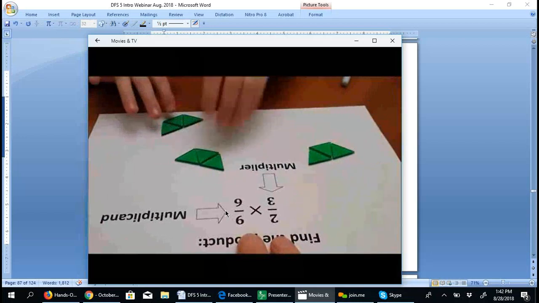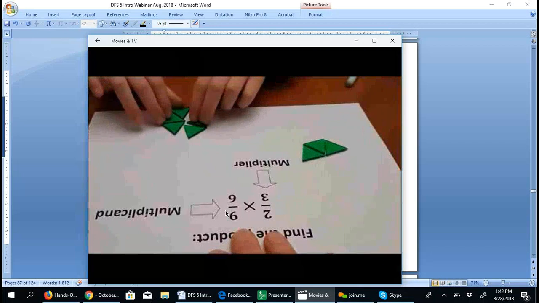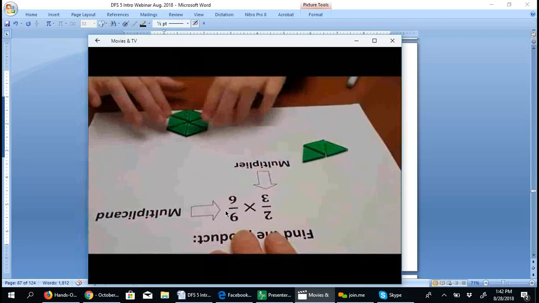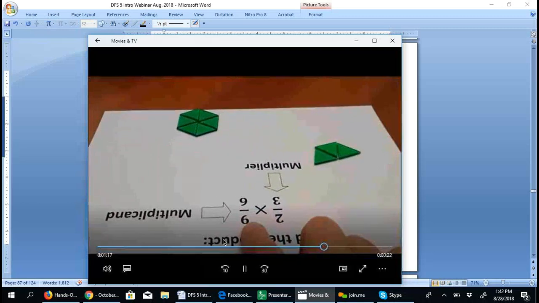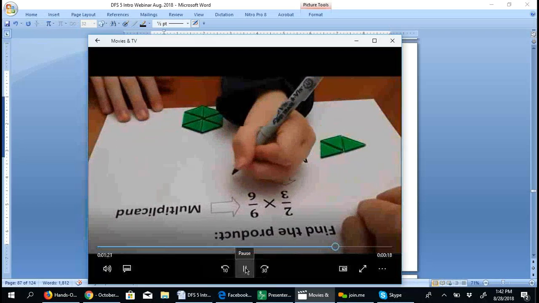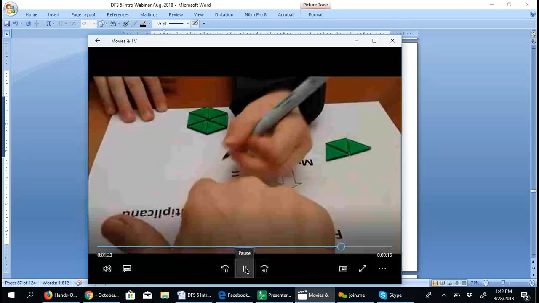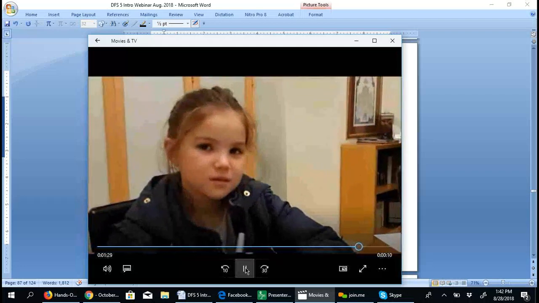That's 1/3 of 9/6. Show me 2/3 of 9/6. That is 2/3 of 9/6. So how much do you have altogether? A whole, she says, equal to a whole. And she's going to write the answer equals 1. 2/3 of 9/6 is equal to 1.